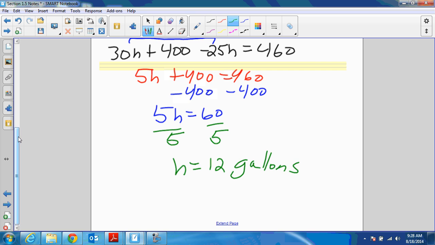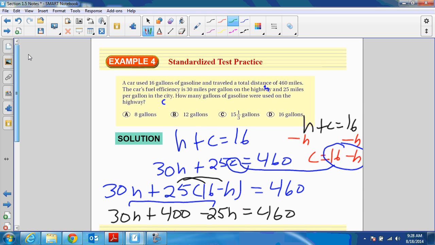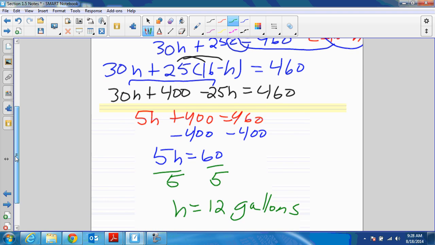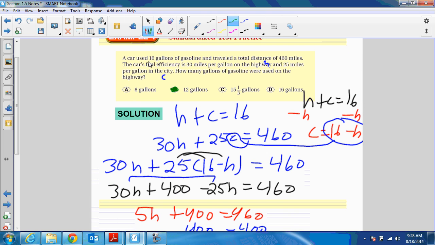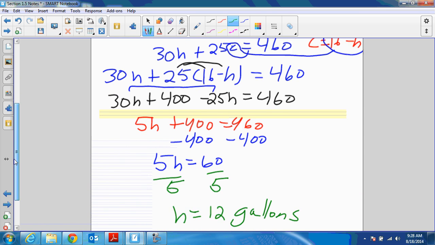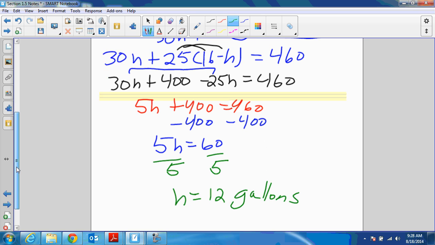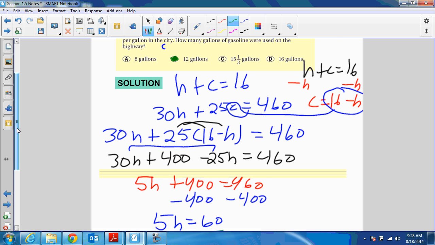Okay, so H stood for highway, and that's the question: how many gallons of gas are used on the highway? It's 12. If they wanted to do the bonus question, how many gallons were used in the city? Well, if 16 were used total and 12 were used on the highway, then 4 would have to be used in the city. You could plug that back in and check it, but it should work in the original one.